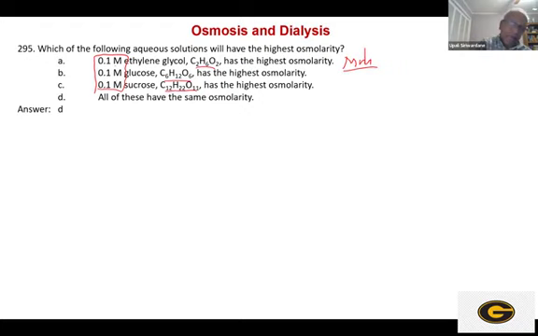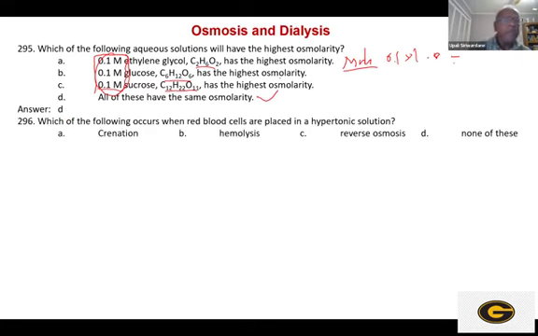They all have the same number of particles. This is the number of grams. They already calculated the same molarity. They don't break up in the solution. Therefore, they have the same molarity, same osmolarity.